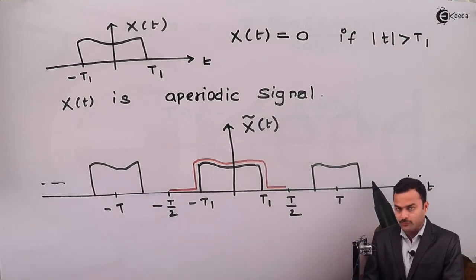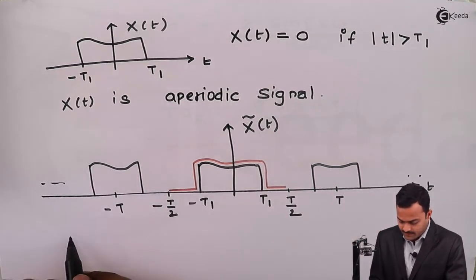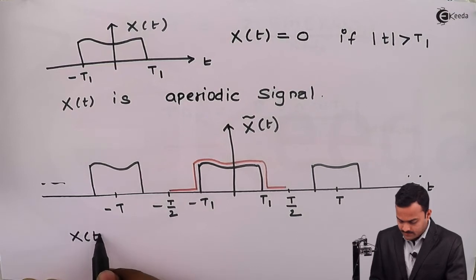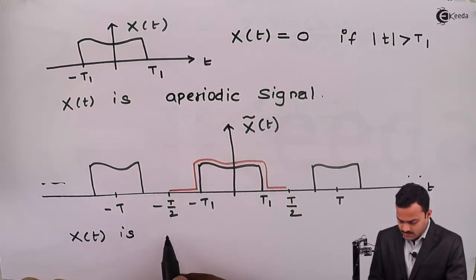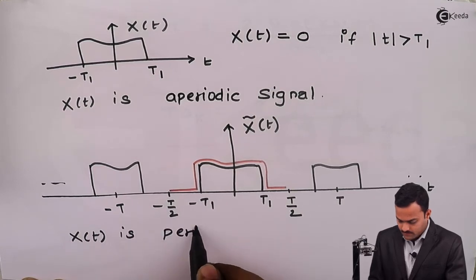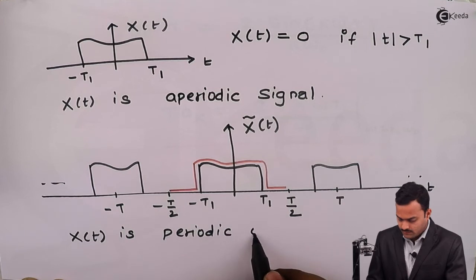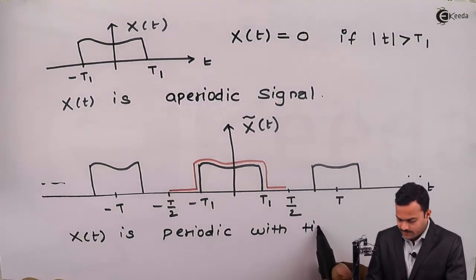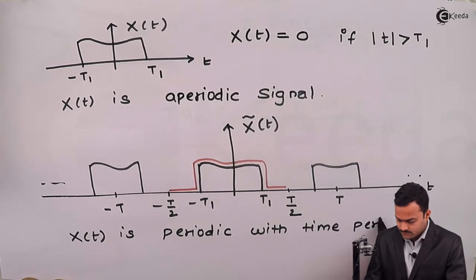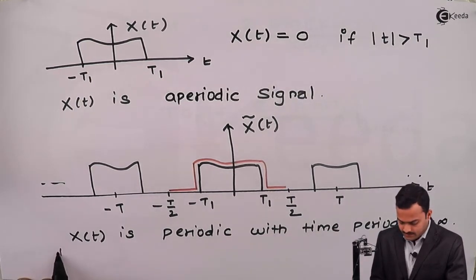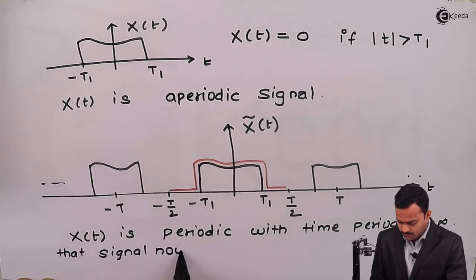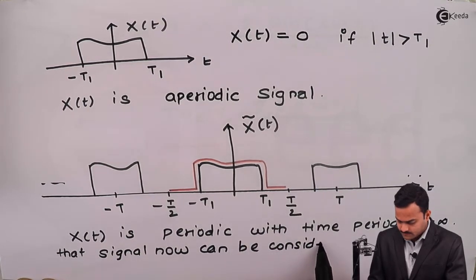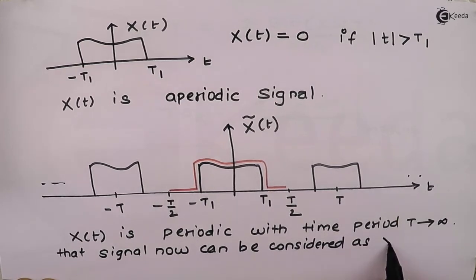This is a periodic waveform now. So I can say x of t is periodic with time period tending to infinity, and that signal can now be considered as x bar t.